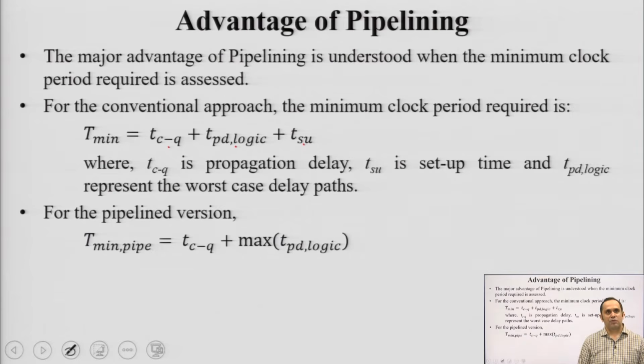and that produces a constraint on the minimum clock period required. For the pipelined version, you do need the propagation delay, plus you only take the worst case propagation delay of that logic block, which has the maximum delay associated with it. So, in this case you have 3 stages: one adder, one absolute value calculator, one logarithm calculator.